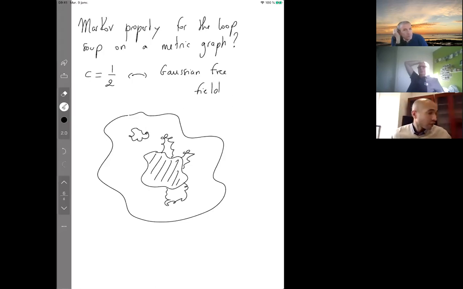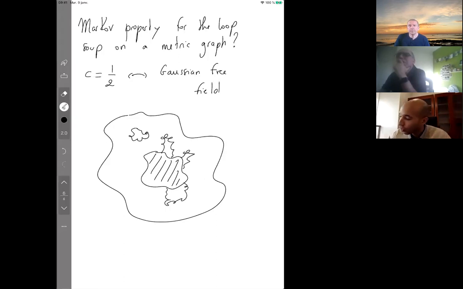So I have a metric graph. I take a fixed subset of my metric graph, and I look at the trace of the loops outside my subset. The trace consists of loops which do not cross my subset.